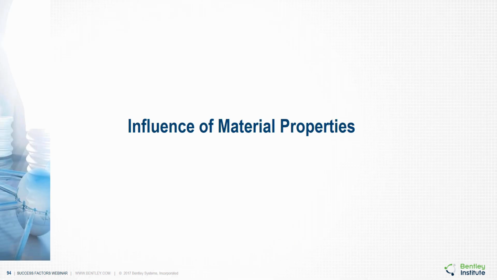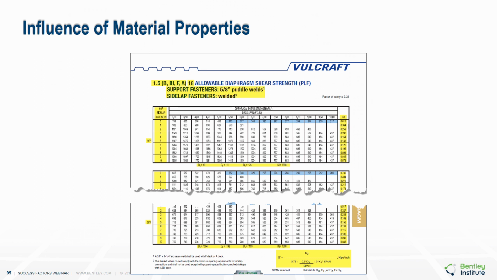So we've talked about the mesh size. Let's talk now about the influence of the material properties of the diaphragm. And that can be significant. Take the case of a bare steel deck. You've got these values of E effective that are based on a value of G effective that's shown in the equation down in the lower right-hand corner, and it's a function of several things, including the deck profile, the deck gauge, the fastener type, the pattern and spacing of the fasteners, the deck span, and these are going to vary across the diaphragm.